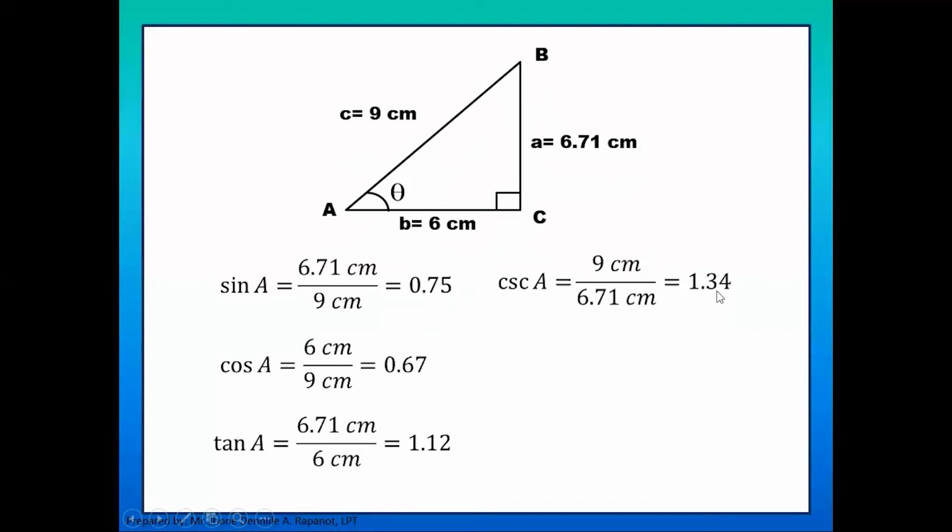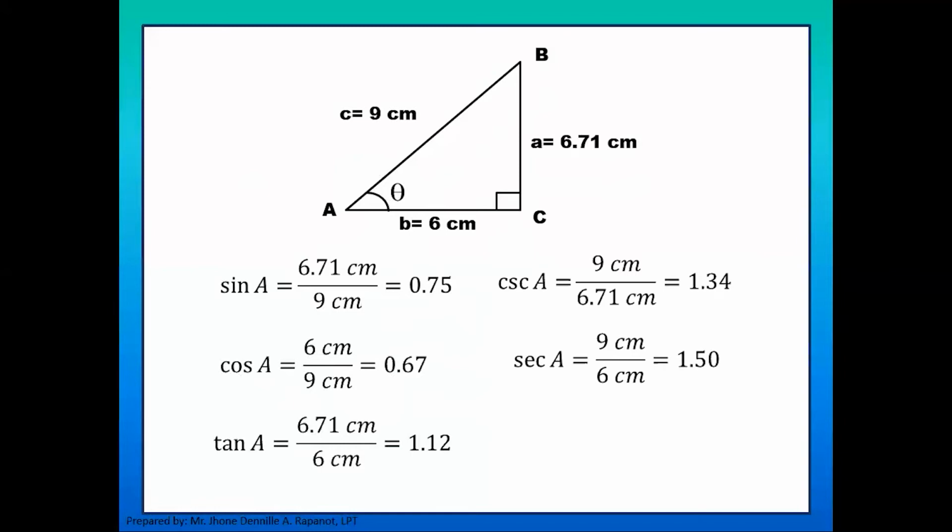We have 1.34. For your secant, that is hypotenuse over adjacent, the reciprocal form of cosine. In relation to angle theta, our answer is 1.50 because we just simply divide the value of the hypotenuse by the adjacent.